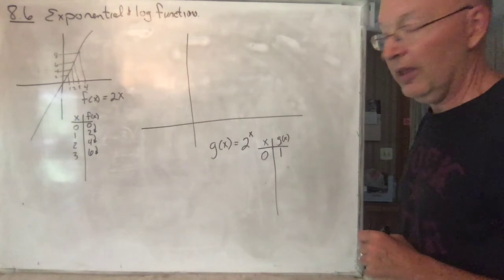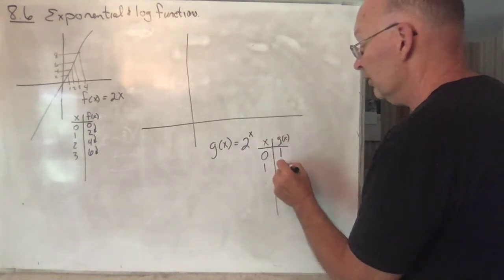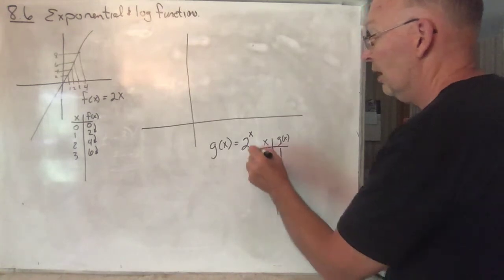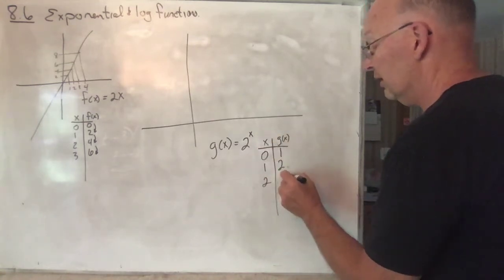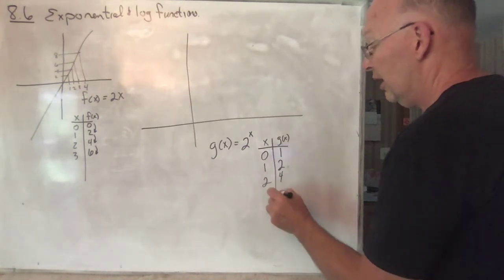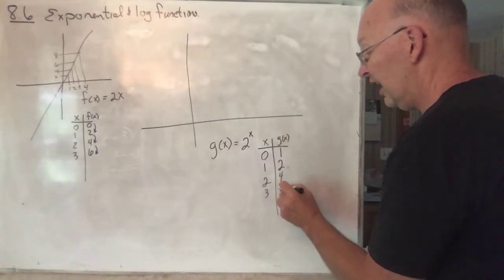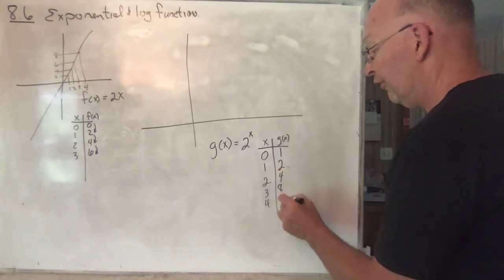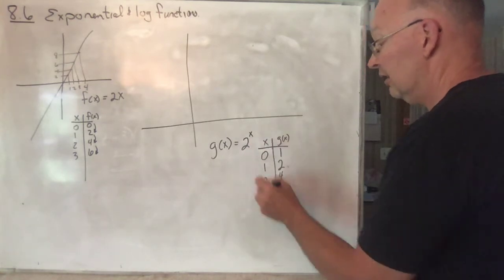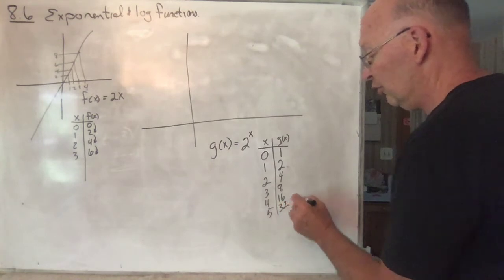We talked about that earlier. If x is 1, 2 to the first power is 2. When x is 2, 2 squared is 2 times 2, which is 4. If x is 3, 2 to the third is 8. When x is 4, 2 to the fourth is 16. When x is 5, 2 to the fifth is 32.